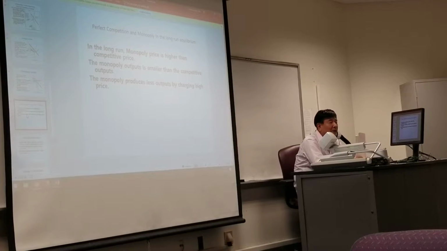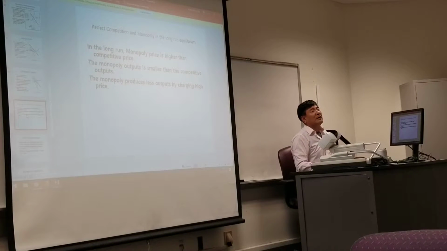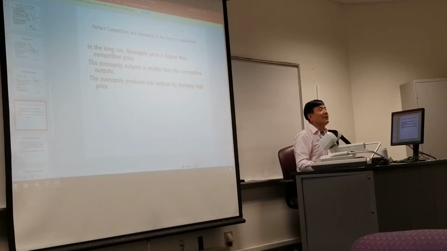One question is whether a perfect competitor is a price taker or price maker. Look at the handout. Price taker. Why a price taker? Why does a single firm under perfect competition have no power to control the price? The market share is so small, so insignificant. That's why it doesn't have any market control over price.